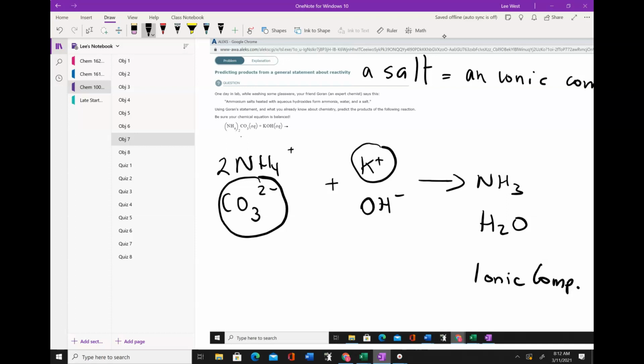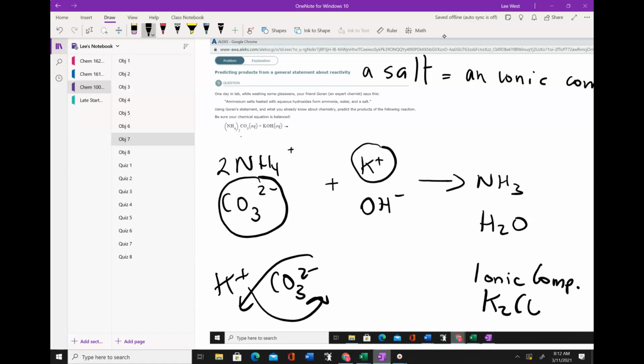So when potassium, with its single positive charge, combines with carbonate with its two negative charges, they're going to do so in a 2-to-1 ratio. So the ionic compound will be K2CO3. So we figured out all of the products, and now we just have to get everything to balance.